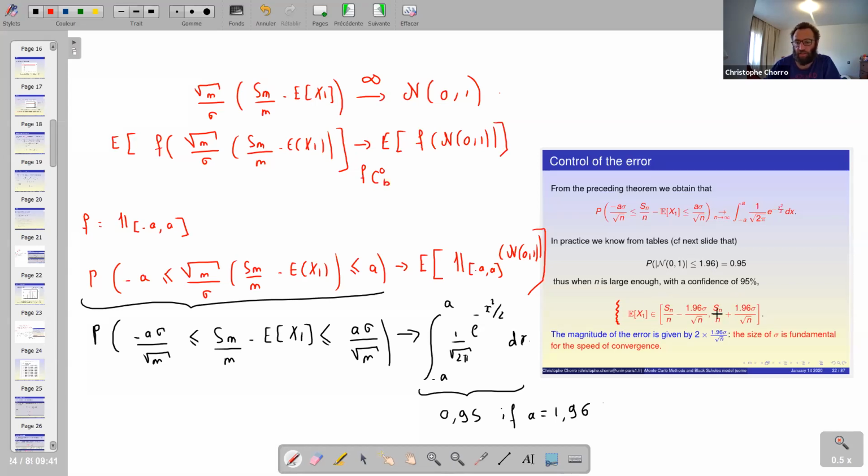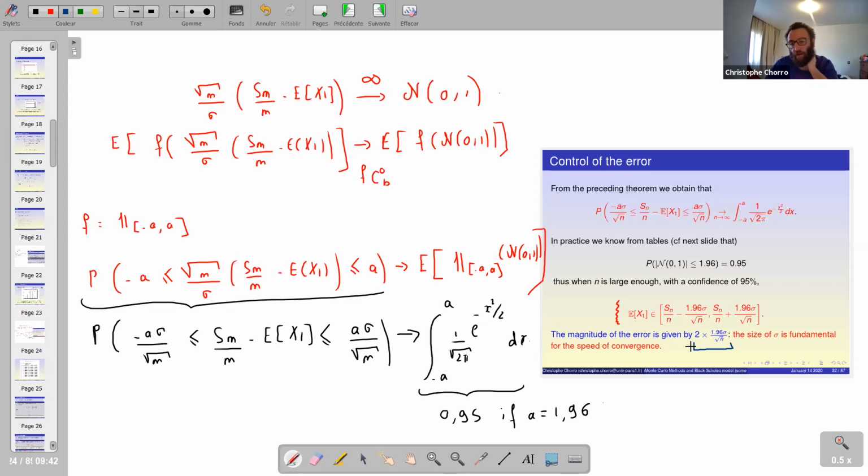And what is nice here is that the size of this confidence interval is equal to this quantity, 2 times 1.96 sigma over the square root of n. It represents the magnitude of the error I make. I belong to a random interval that is centered at my approximation, Sn over n, with a length of 2 times 1.96 sigma over the square root of n.